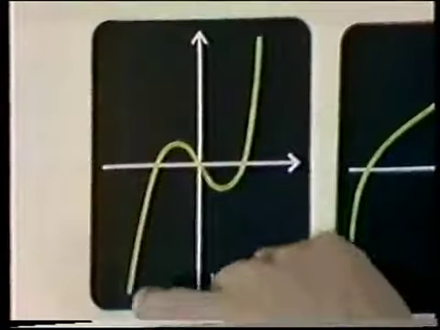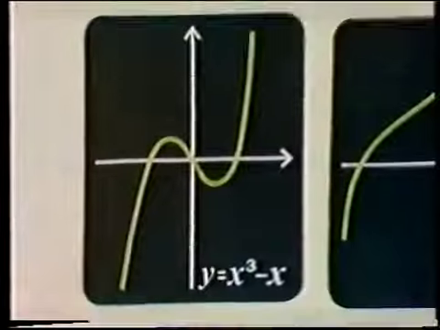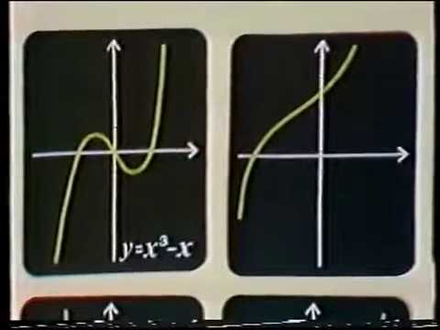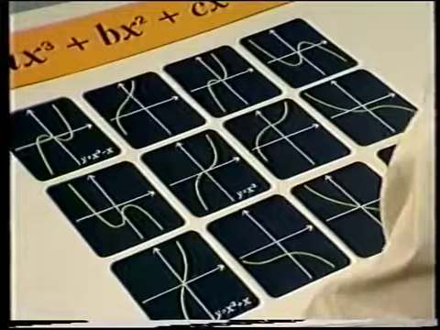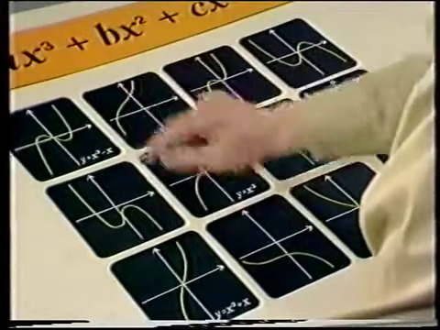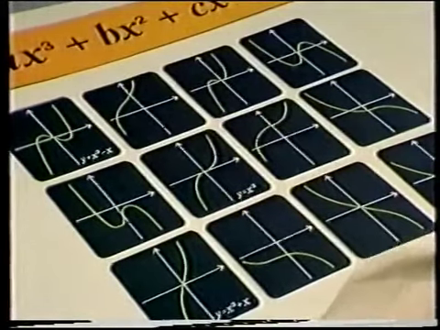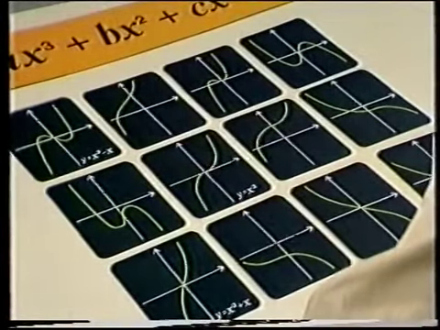Some of them are increasing to a peak like this one, decreasing to a trough, and then increasing again, whereas this one is increasing all the time. Well, one thing we can say is that they all cross the x-axis at least once. Well, this crosses it once only, and others cross it more than once. Well, the question is, given a cubic equation, what can we say about its shape?